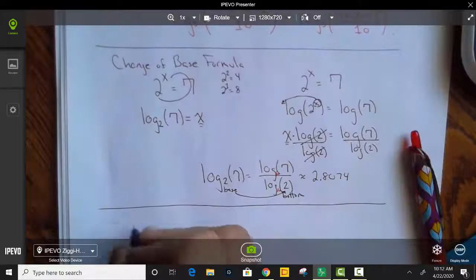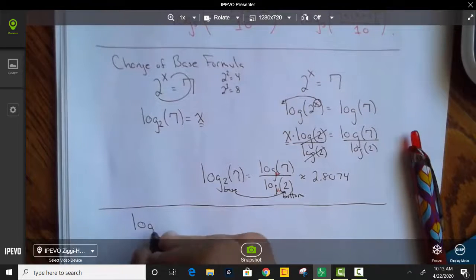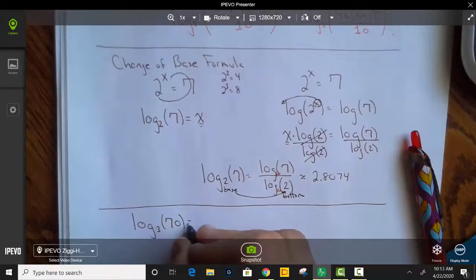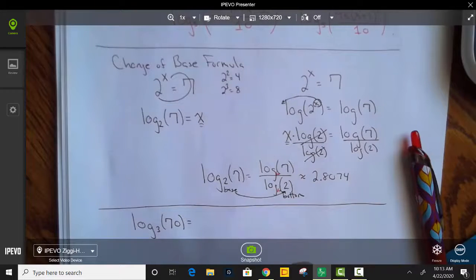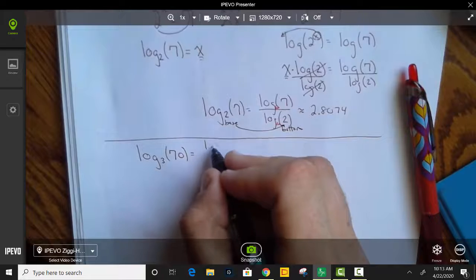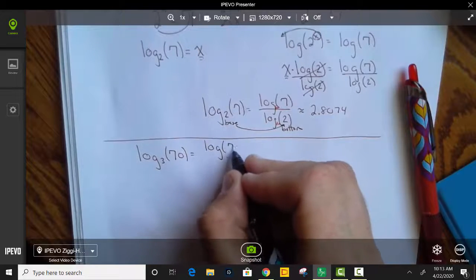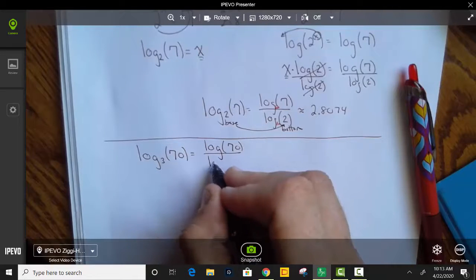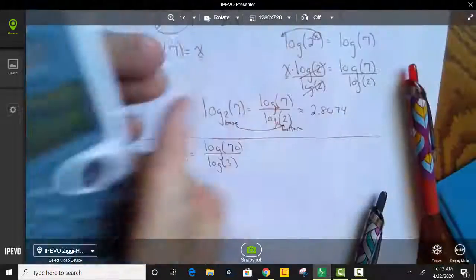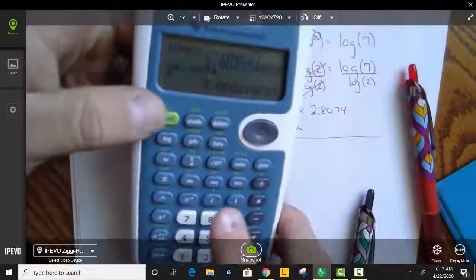For example, if we wanted to figure out what is log base 3 of 70, which means what power of 3 will give me 70 as an answer, we can change this to log of 70 divided by log of 3, using the change of base formula.